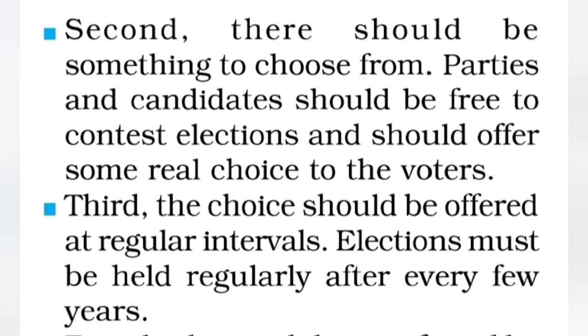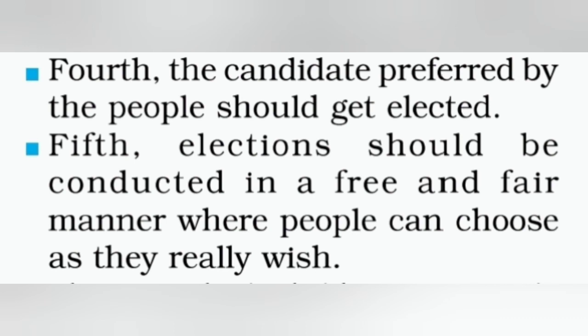Third, the choice should be offered at regular intervals. Elections must be held regularly after every few years. Fourth, the candidate preferred by the people should get elected. Fifth, elections should be conducted in a free and fair manner where people can choose as they really wish.